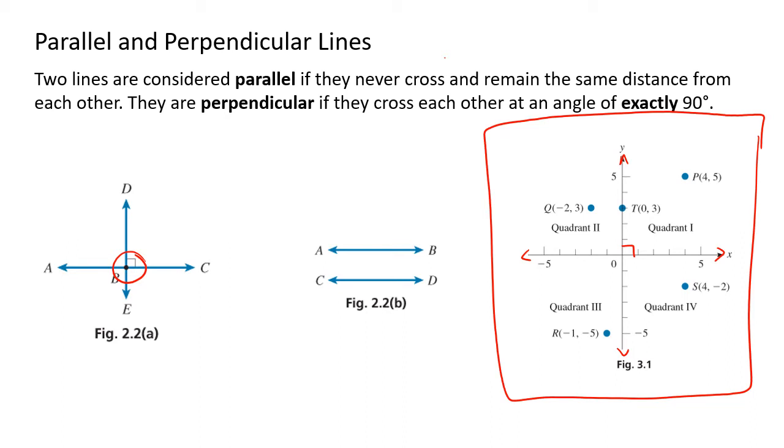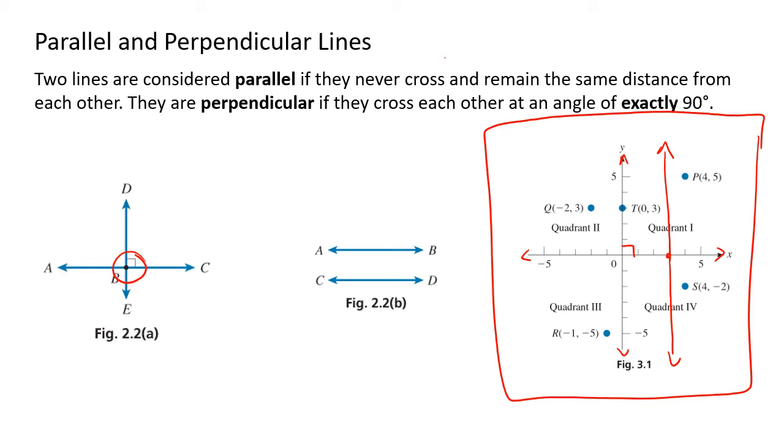Parallel lines have the exact same slope. They never cross each other. So if you had a line drawn, let's say we draw it at this point here, straight up and down. This is at x equals 2. If that line is straight up and down, it would be parallel to the y-axis because it would never cross it.